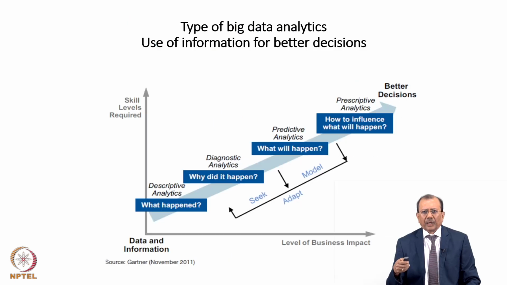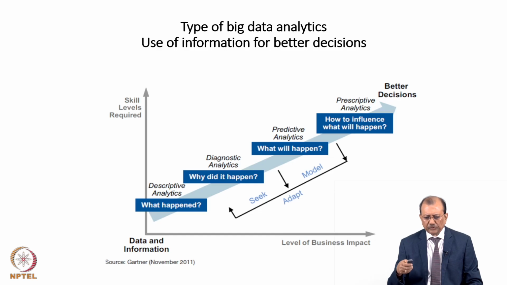Now, what kind of data analytics are there? Basically, we study these 4 kinds of analytics: descriptive analytics, diagnostic analytics, predictive analytics and prescriptive analytics. What is descriptive analytics? Normally, most of the MIS systems, management information systems, are descriptive analytics.